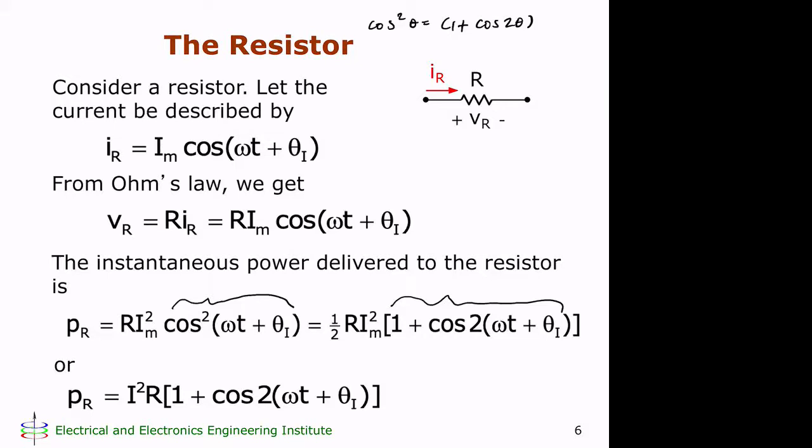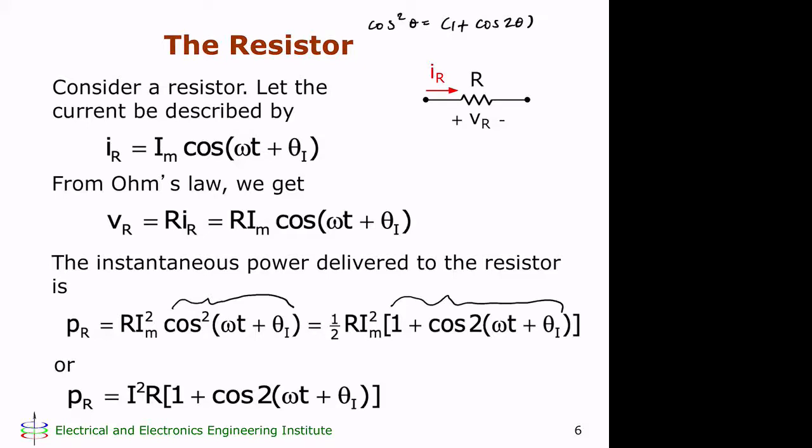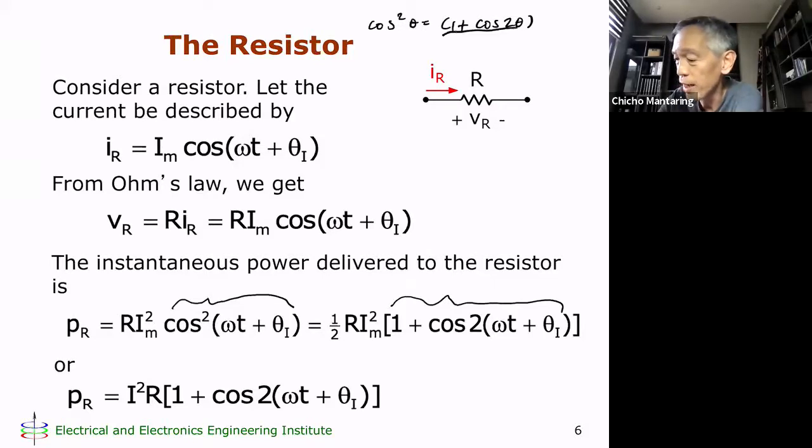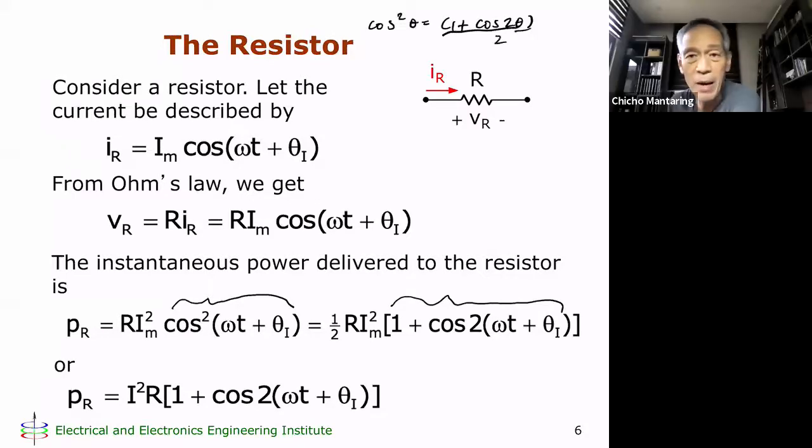Doesn't the 1/2 come with the cosine squared? Yes, as in, cosine squared theta is equal to the quantity 1 plus cosine 2 theta all over 2. You're right, over 2. Thank you. Cosine squared theta is 1 plus cosine 2 theta over 2. Okay, any other questions?